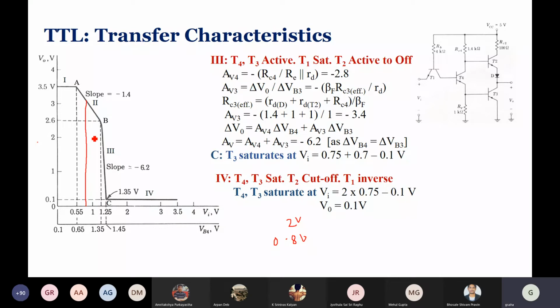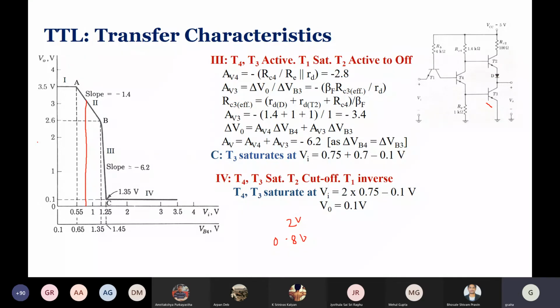Even if you go into the so-called transition region, to some extent, T3 is not yet on. It is in the transition region, but T3 is not on, and T2 is active.